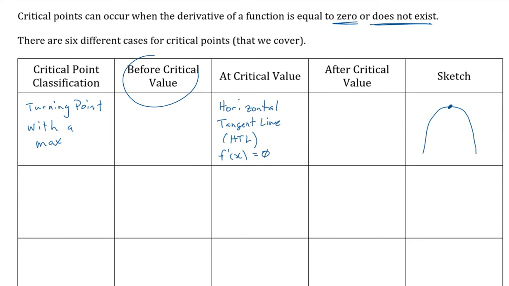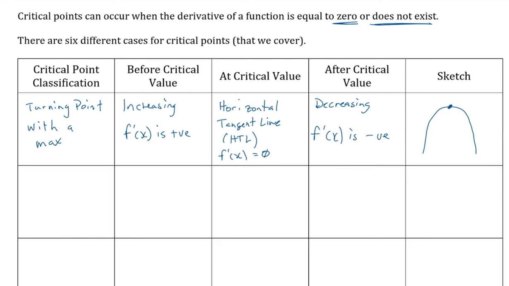What's happening before the critical value? Well, the function is increasing. And what does that mean about the derivative? It's positive. What's happening after the critical value? Now we're starting to get the hang of this. It's decreasing. And the derivative is negative.